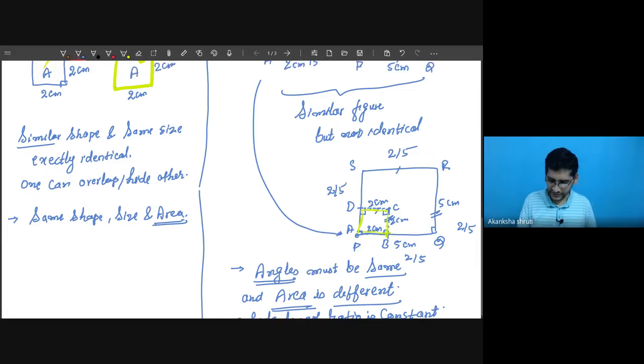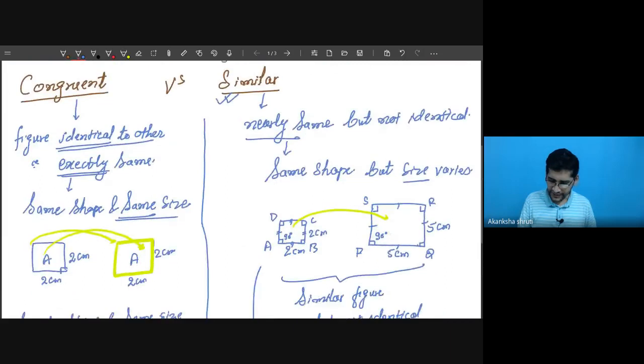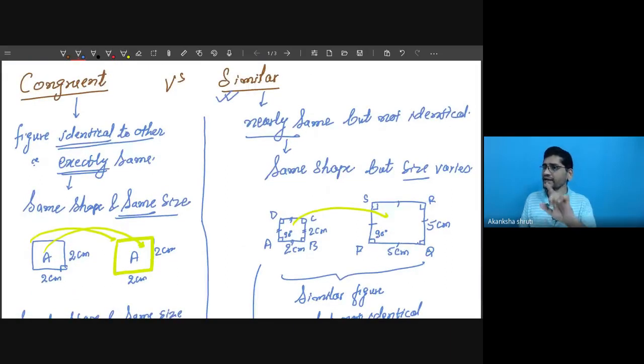So what we are observing from this, that all the squares are similar, but they are not congruent. Right? Similarity of figures.